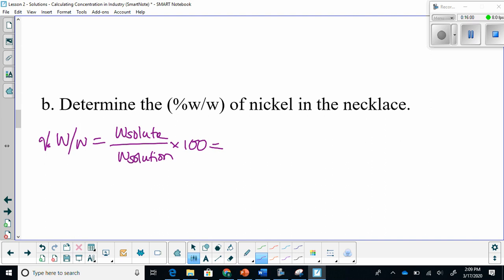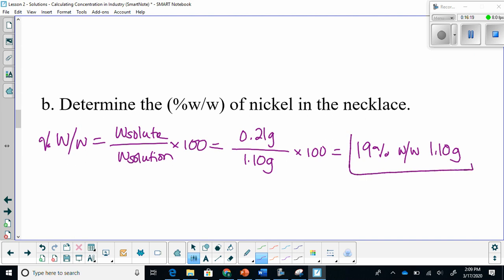The weight of nickel is 0.21 grams over 1.1 grams times by 100, which gives me a percentage of 19% weight by weight with a total piece of jewelry that weighs 1.10 grams.